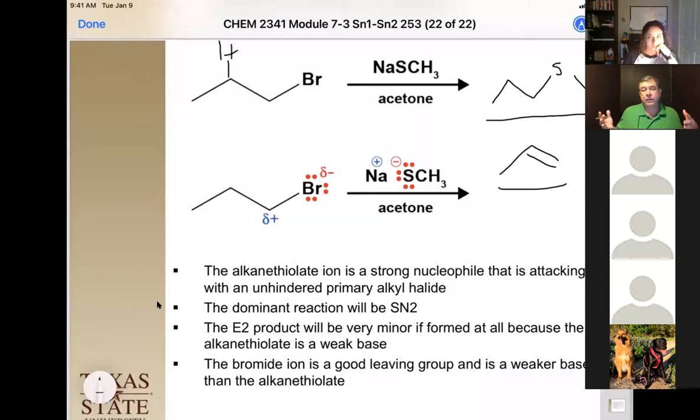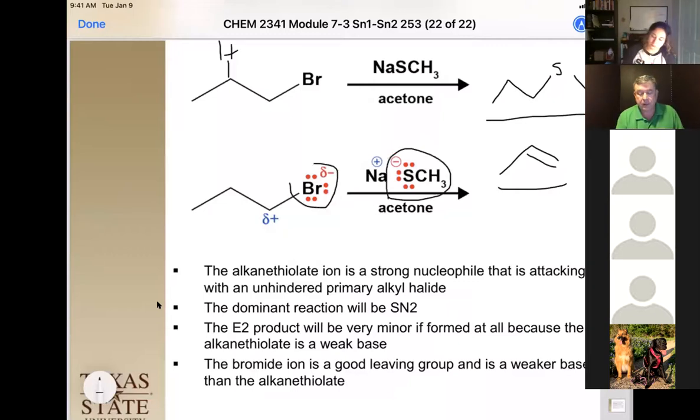So the other thing to think about is, would the reaction actually go? To know whether the reaction goes or not, we have to think about the base strength of the leaving group. Is the thing leaving a weaker base than the thing attacking? Okay, so in this case here, we have a sulfur compound, and so it has a pKa above 0.